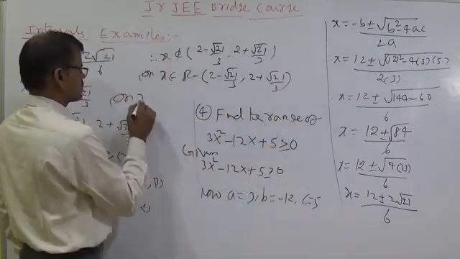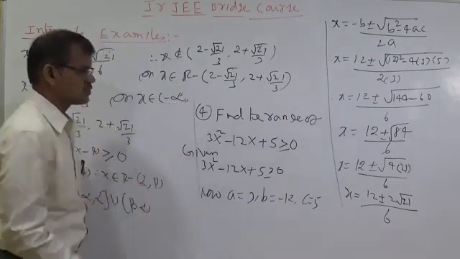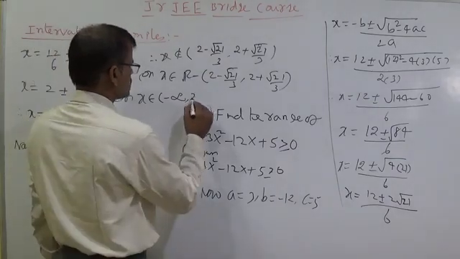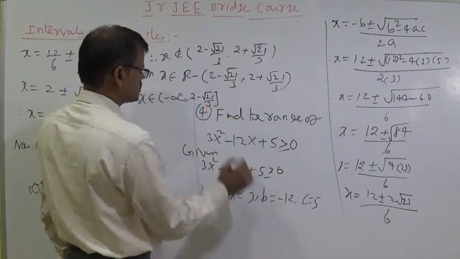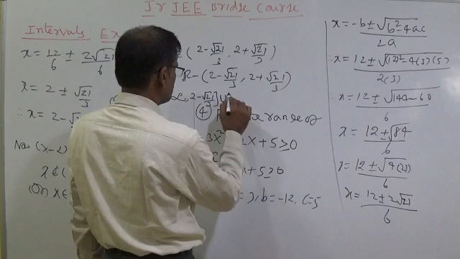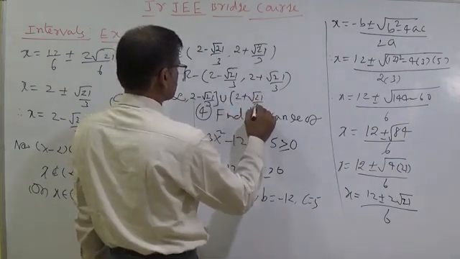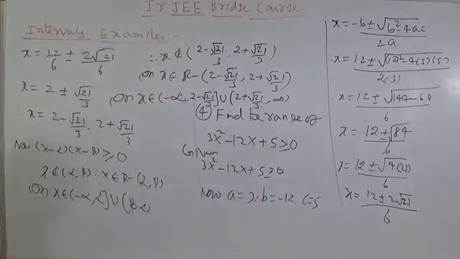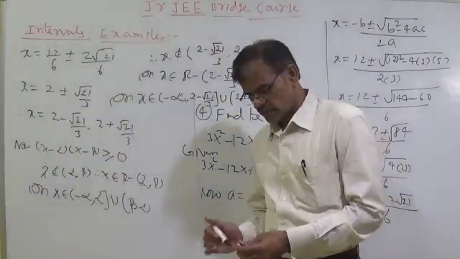Or x belongs to, this is the range, students, try to understand this one fully. This sum's range of the given value is minus infinity comma 2 minus root of 21 by 3, this is closed because equal to is there, union 2 plus root 21 by 3 comma infinity. This is the full sum. If factors are not possible, you should do it in this way.